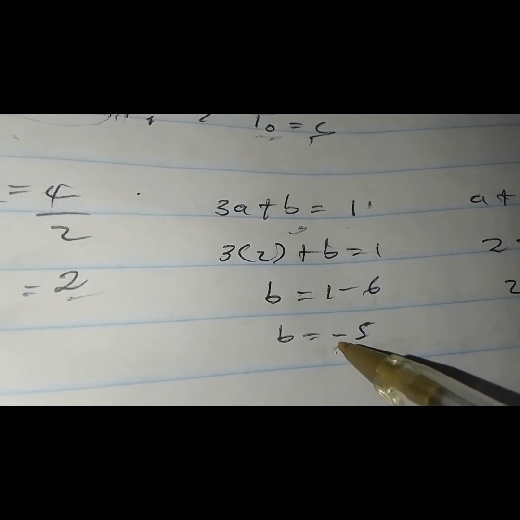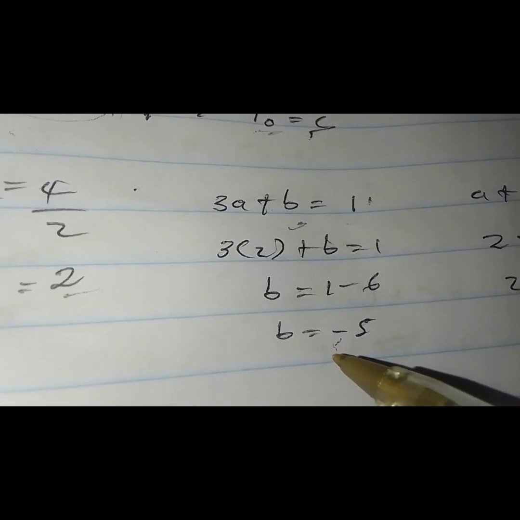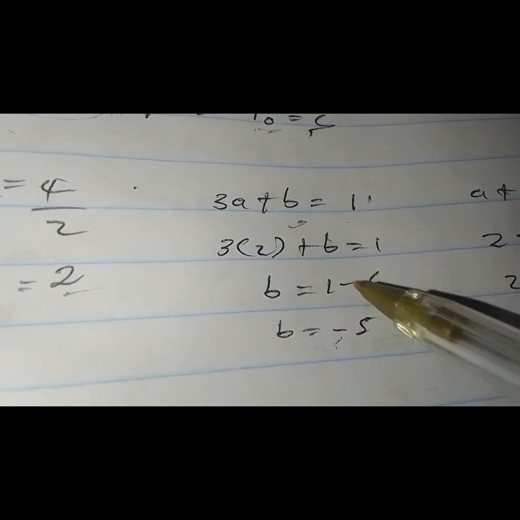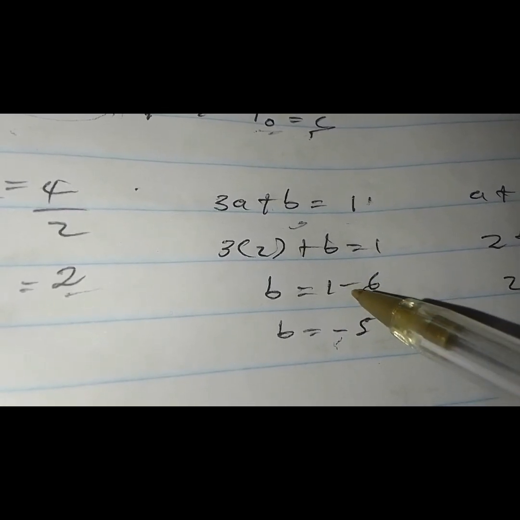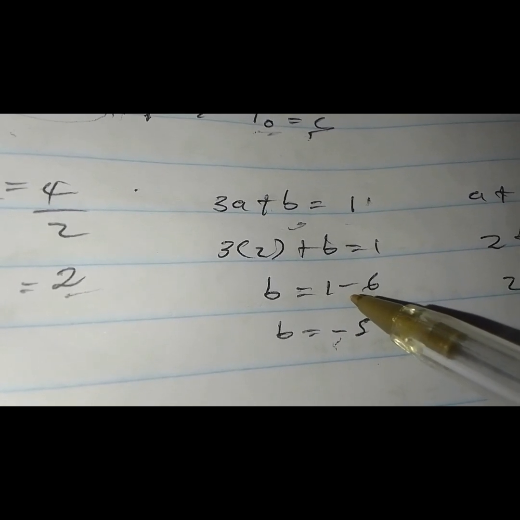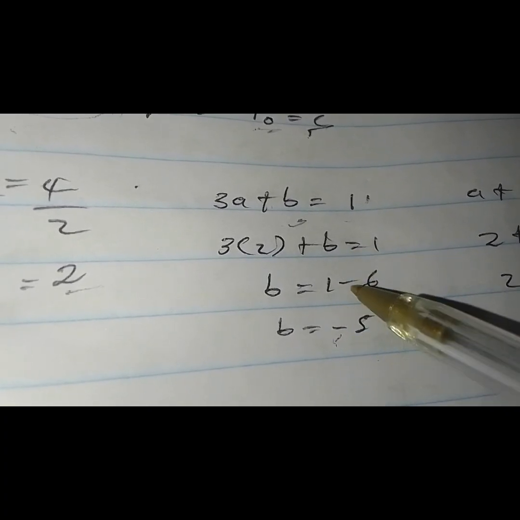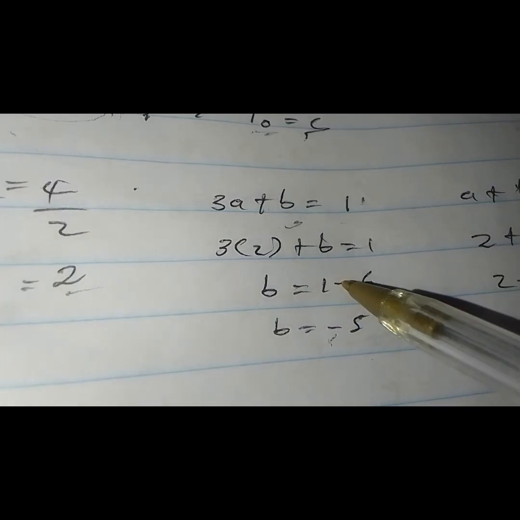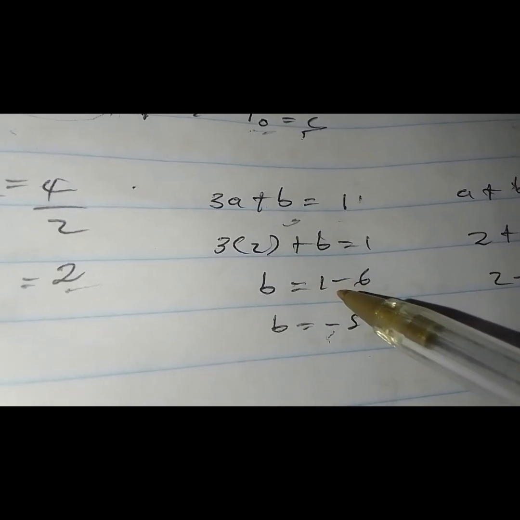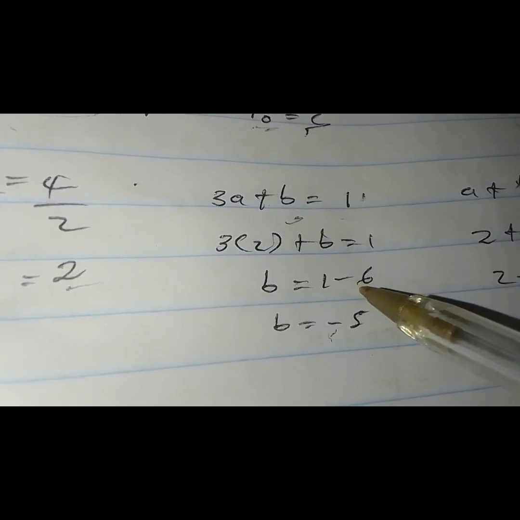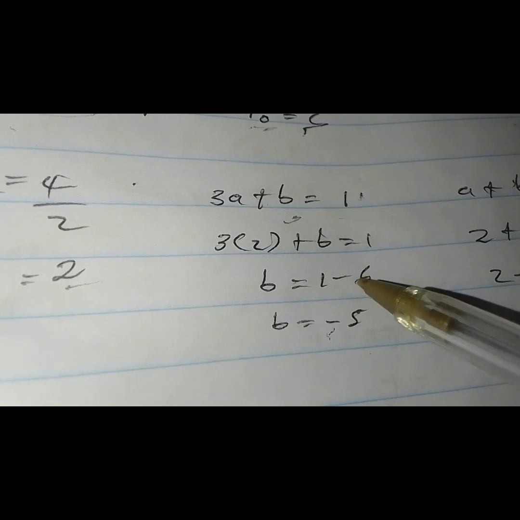Why do we have a -5 and not just 5? It's because we take the sign of the bigger number. Do you get me? Always, when you deal with these things, you always take the sign of the bigger number. And our bigger number here is 6, and the sign of our 6 is negative.